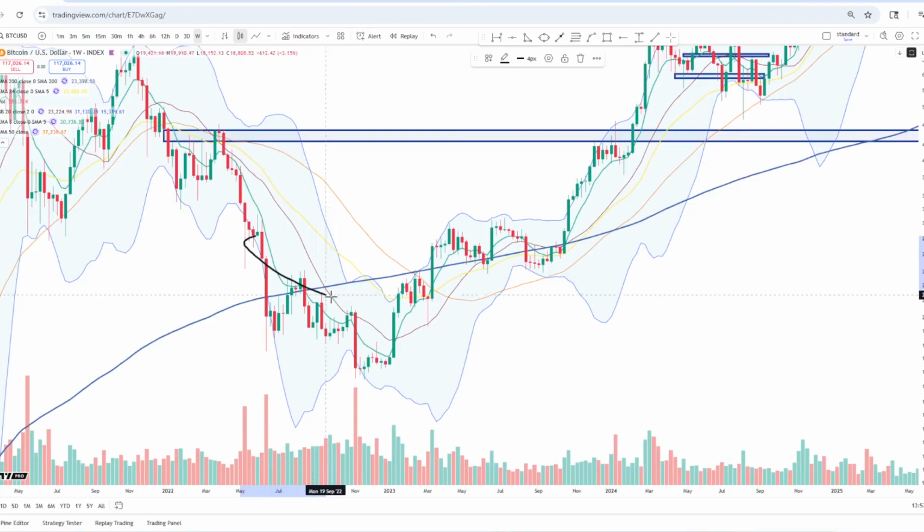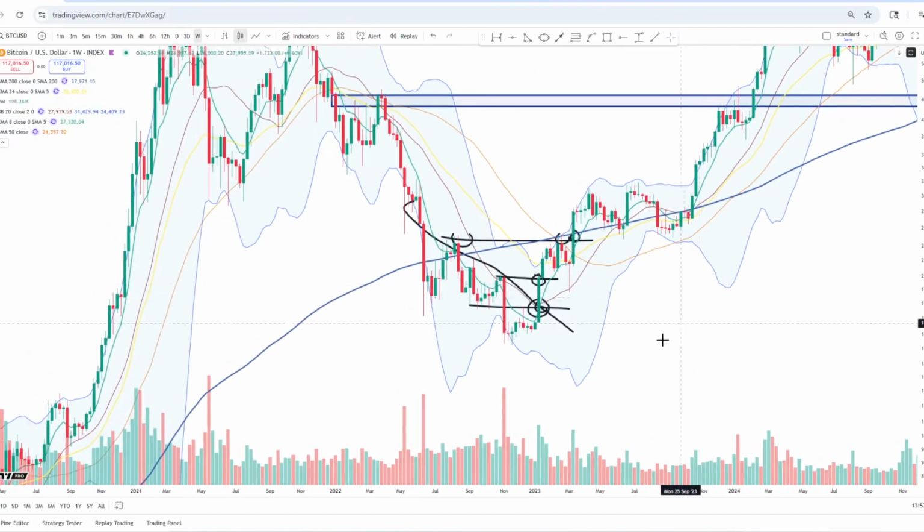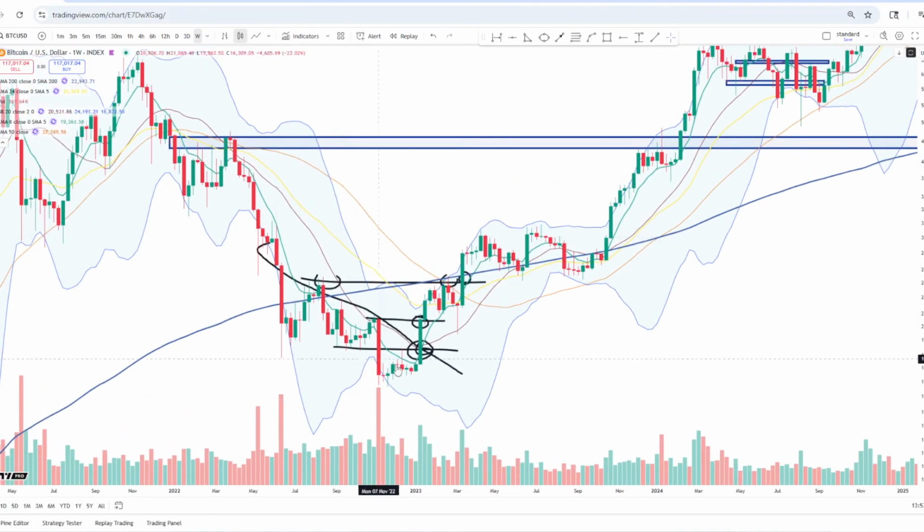So, for example, maybe you took your first entry on the descending supply trend break, which actually also corresponded here with this lower high break. And then maybe when it breaks here at 20K, you bought a little bit more. And then maybe even up here, when it came back and it broke this peak, you bought a little bit more here. So you weren't sure it was the bottom in this case, but it looked like a bottom was forming.